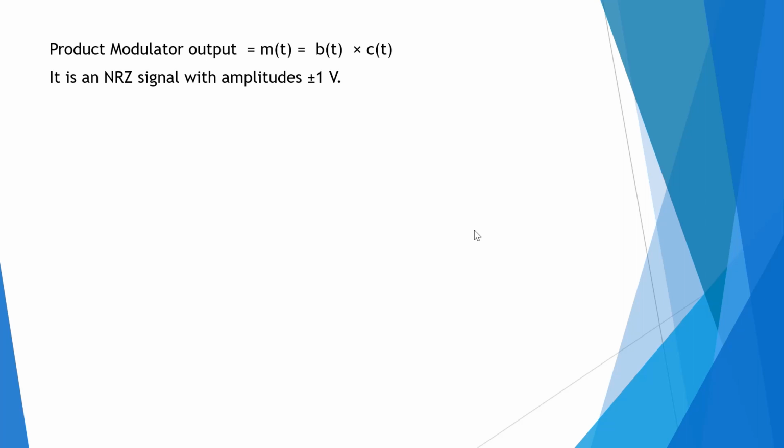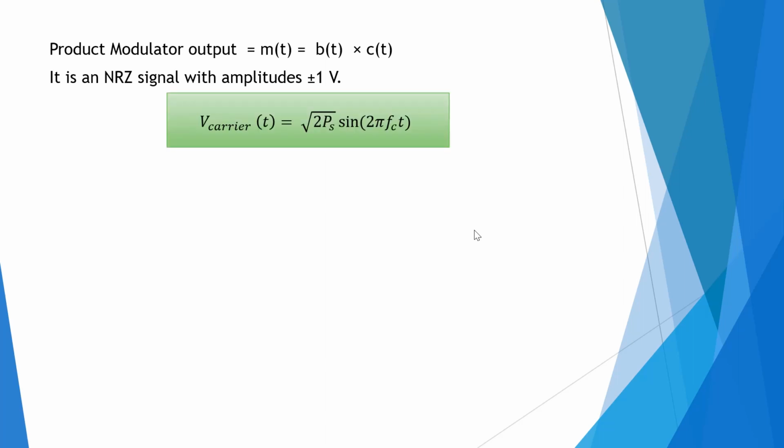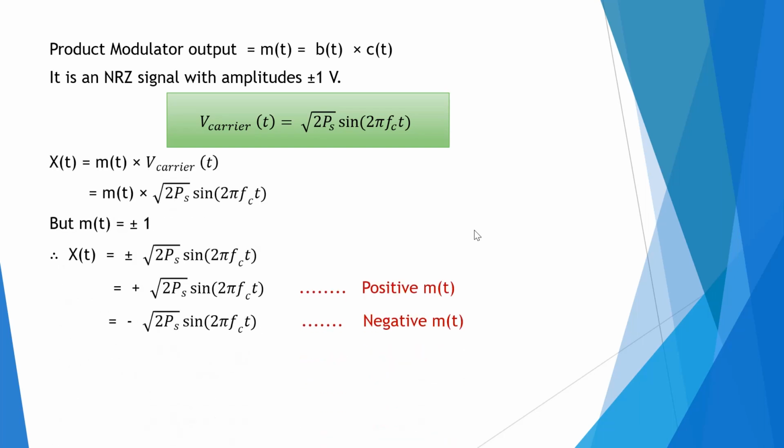It is an NRZ signal with amplitudes plus or minus 1 volt. The carrier voltage can be mathematically expressed as square root of 2 Ps times sine 2 pi fct. Here X of t is M of t times the carrier signal, V carrier of t.